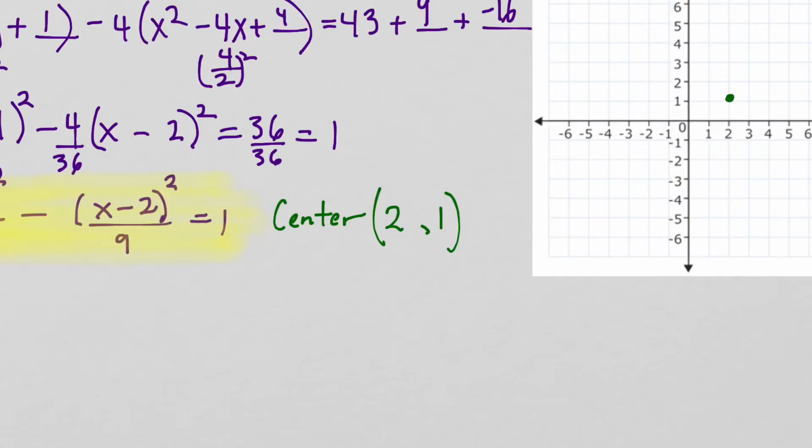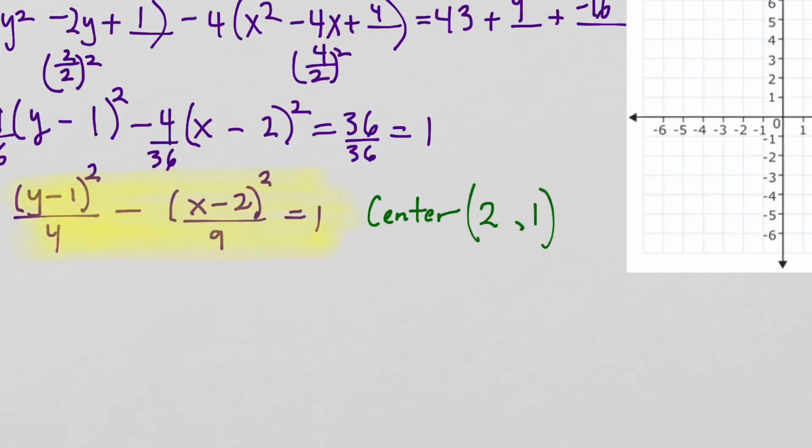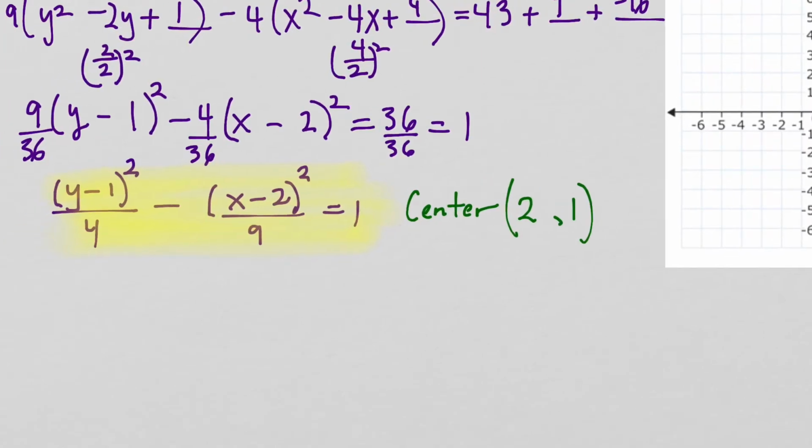Next, I look at the bottom numbers here, and I can see that a squared is 9, and b squared is 4. So that means a is 3, and b is 2. Square root of 4 is 2, square root of 9 is 3.